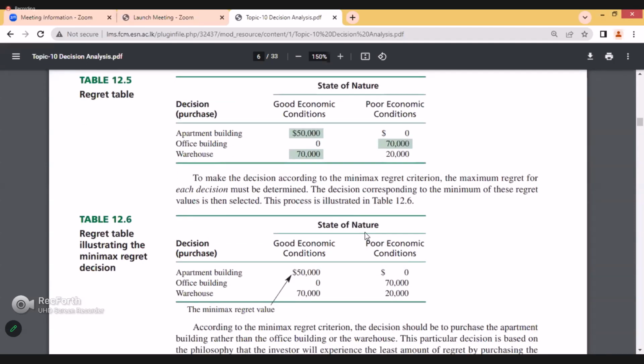According to minimax regret, the maximum regret from each decision must be determined.